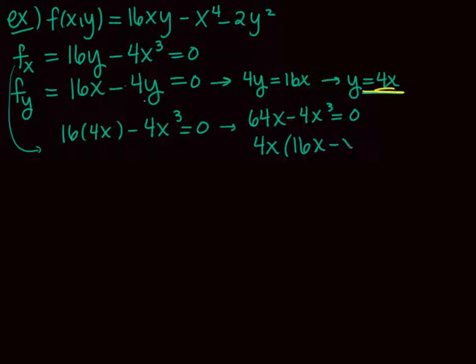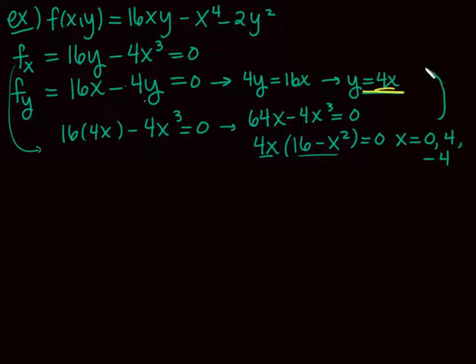Oh, I did this in my class today. Okay, so I would get 16 minus x squared equals 0. And if you set each of these terms equal to 0, here's what I get for x. I get 0, 4, or -4, right? Because when I square root that 16, I need a plus or a minus.